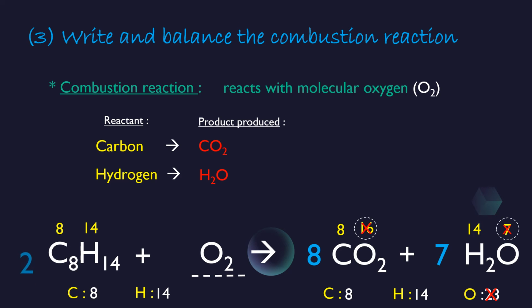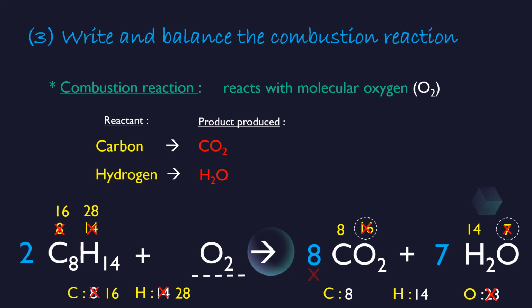On the left side, 2 will be the coefficient in front of C8H14. Now 2 times the subscript of 8 will be 16 carbons. And 2 times the subscript of 14 equals 28 hydrogens. Let's move to the right side to balance the rest of the carbons and hydrogens.